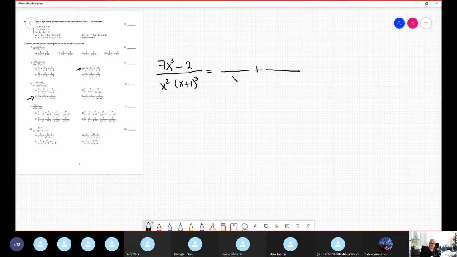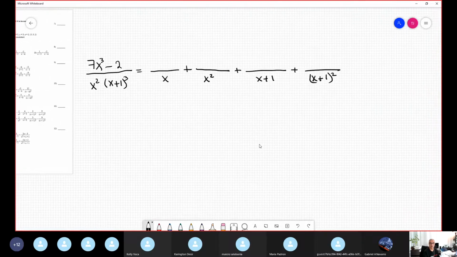X is x and x squared. And cubic is x plus 1 to the 1 power, x plus 1, sorry, to the second power, and x plus 1 to the third power.